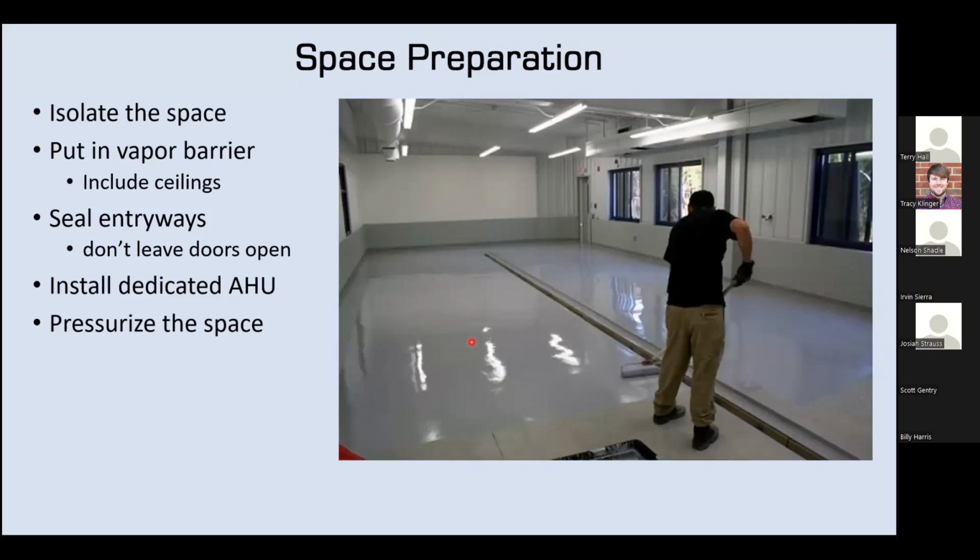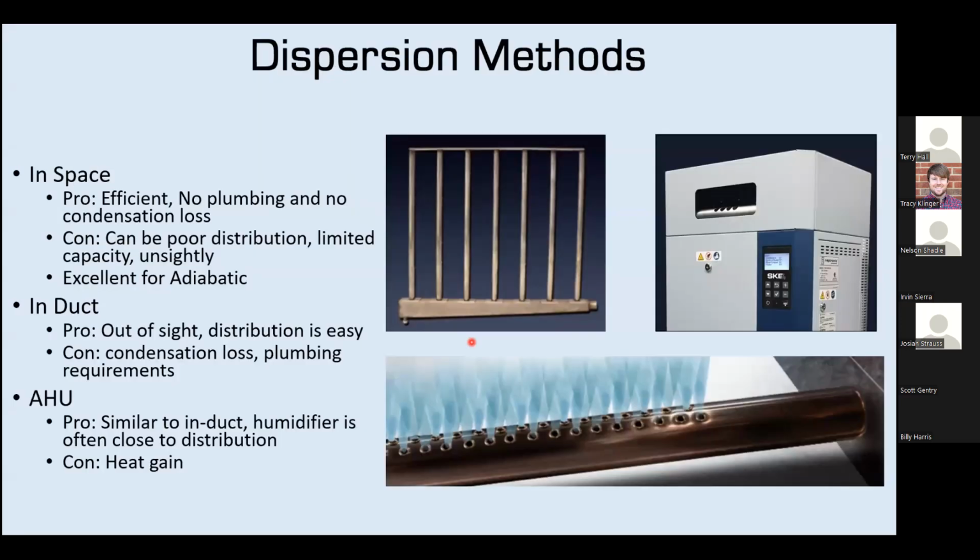And so a leaky space, you may not be able to reach your set point on a design day. For a space within a space, as I mentioned, install a dedicated air handling unit so you're not losing your moisture to the rest of the building. And then for humidification, pressurize the space if possible.